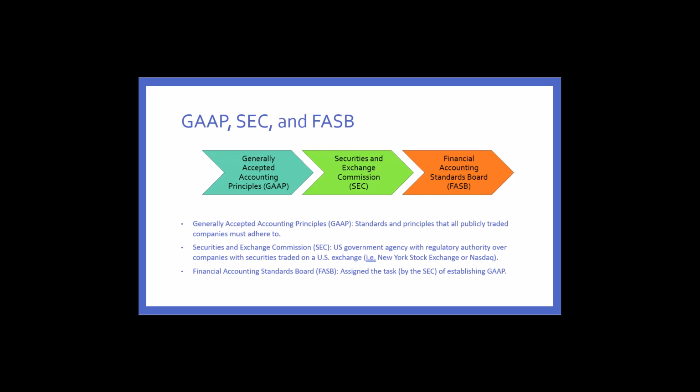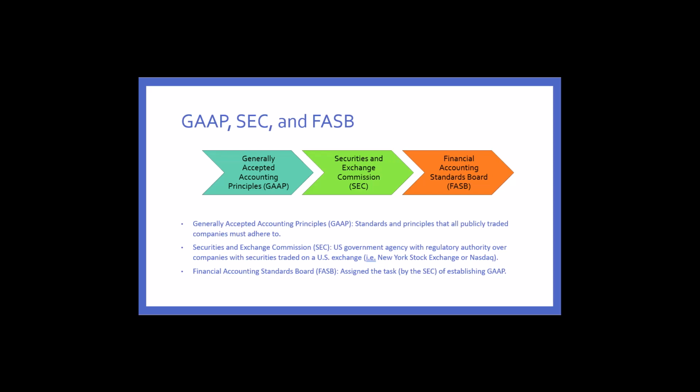All right. So the Financial Accounting Standards Board, we normally refer to that as FASB. The FASB is the group that was assigned the task of establishing generally accepted accounting principles. Now, it's interesting to note the FASB does not technically have regulatory authority. The SEC has regulatory authority.